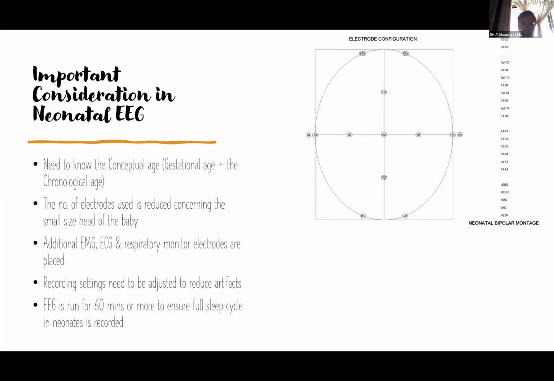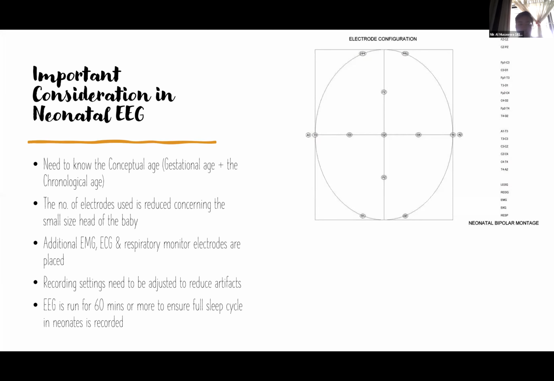And some important things we need to consider for neonatal EEG. First, we need to know the conceptual age, which is the gestational age. Gestational age is the age of the baby from the mother's last menstrual period until the day he was born, and the chronological age is the age of the baby from his birth until now.